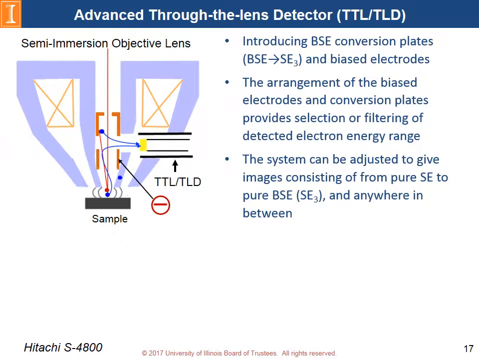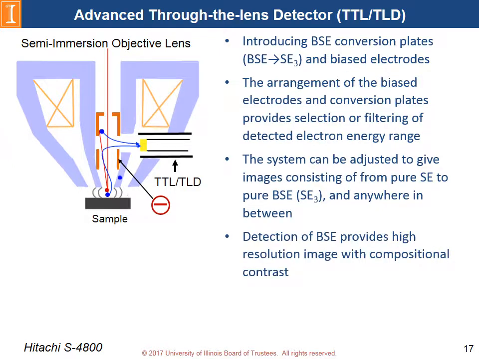The system can be adjusted to give images of pure SE to pure BSE and anywhere in between. Detection of BSE by the through the lens detector allows us to get high resolution imaging with compositional contrast. As we will discuss later in this presentation, the BSE yield is strongly dependent on atomic number, and therefore BSE imaging gives compositional contrast.